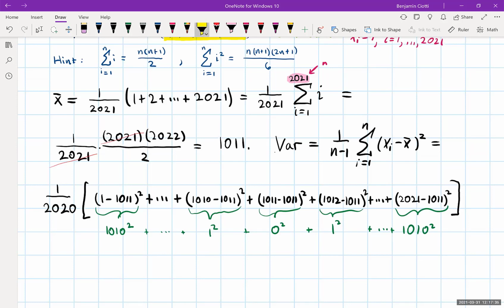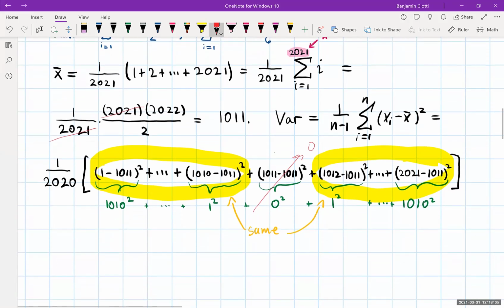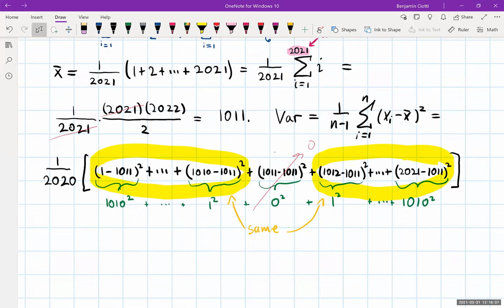So the first 1010 terms are the same as the last 1010 terms. And the middle term is just 0, by the way, so I can ignore that one. Since the first half of the terms is the same as the second half, I'm just going to write it once and multiply it by 2.